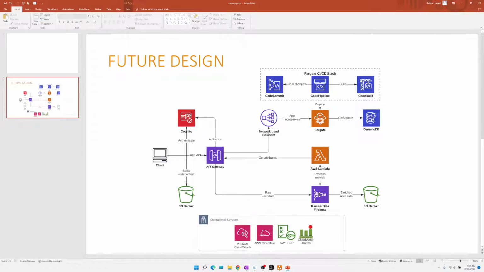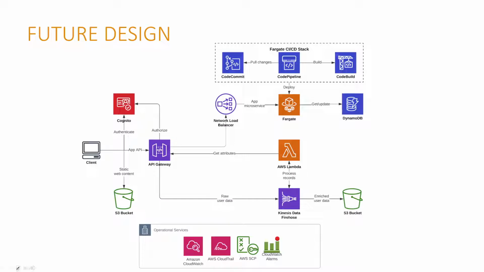So here's a sample presentation in PowerPoint, and I'm going to go to presentation mode. And what I'm going to do is, using my tablet, start drawing things. And I can pretend that I'm in front of a customer or colleague and explaining to them, okay, the client will authenticate using Cognito and access static web content in an S3 bucket.